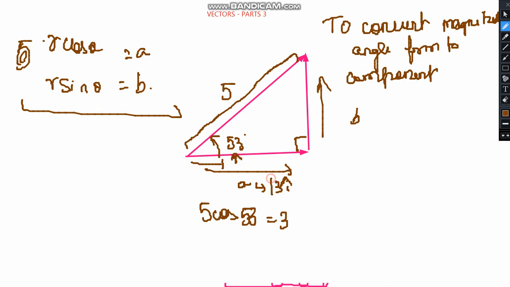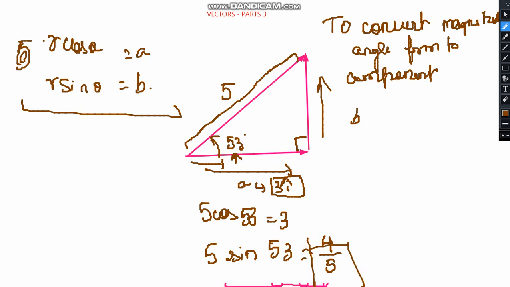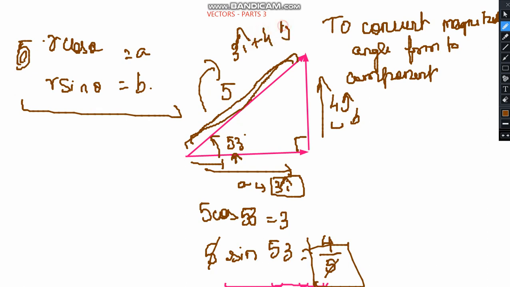Then 5 sin 53, which is basically 4 by 5, and the 5s get cancelled. So this is 4 j cap. So the resultant vector's component form is 3 i cap plus 4 j cap. We have been able to resolve this vector.